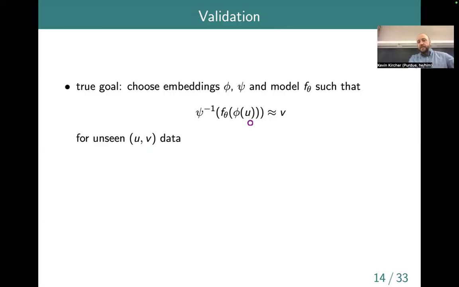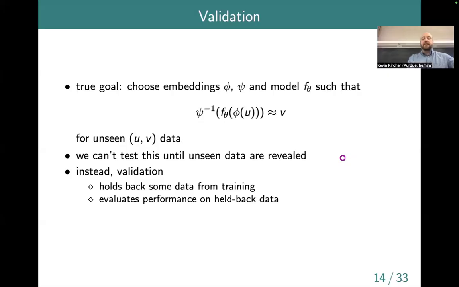To compute that, we take our raw data, embed it into a feature, plug that feature into our model, and then undo the embedding that we are using for our targets in the training data. We undo that with a psi inverse, and that gives us our prediction. So this whole thing on the left-hand side is the prediction, and this thing on the right-hand side is the target. So we want that to be true in unseen data.